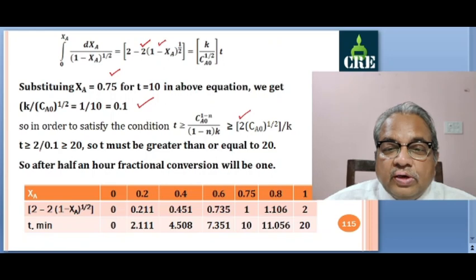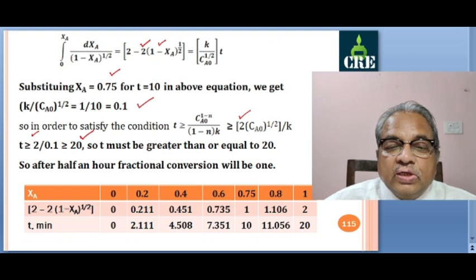So t should be greater than this, 2 Ca0 raised to half by k. K by Ca0 raised to half is 0.1, so 2 by 0.1 is 20. So this is the limiting value.